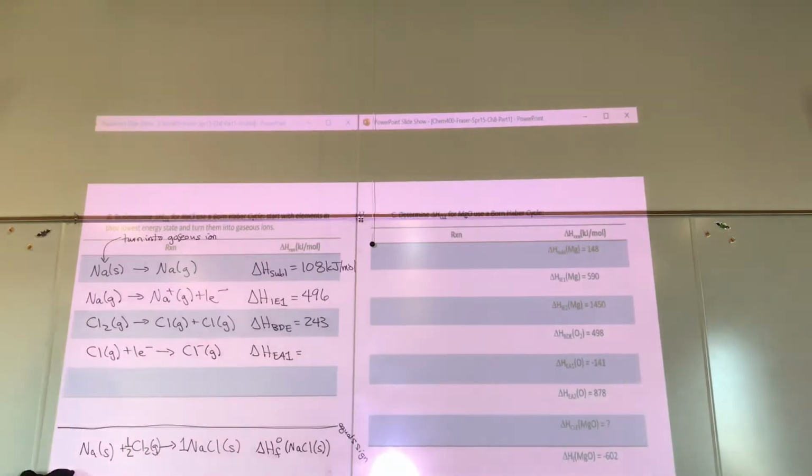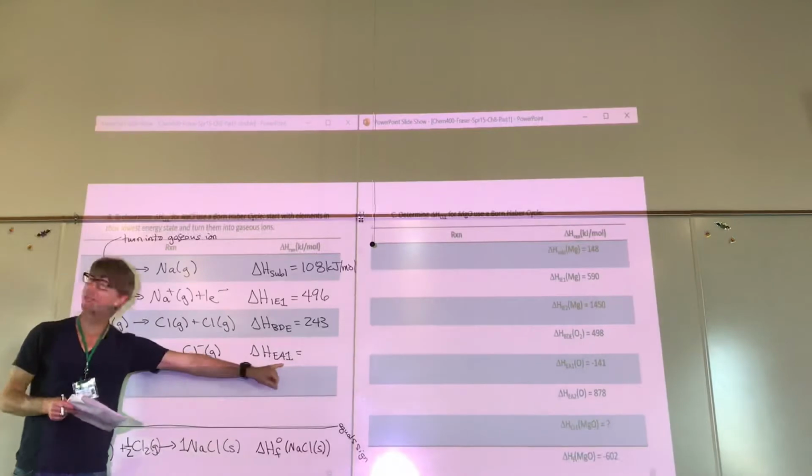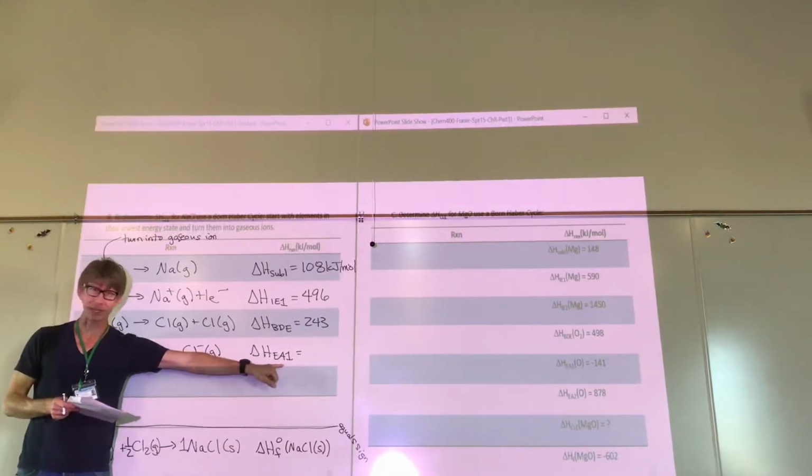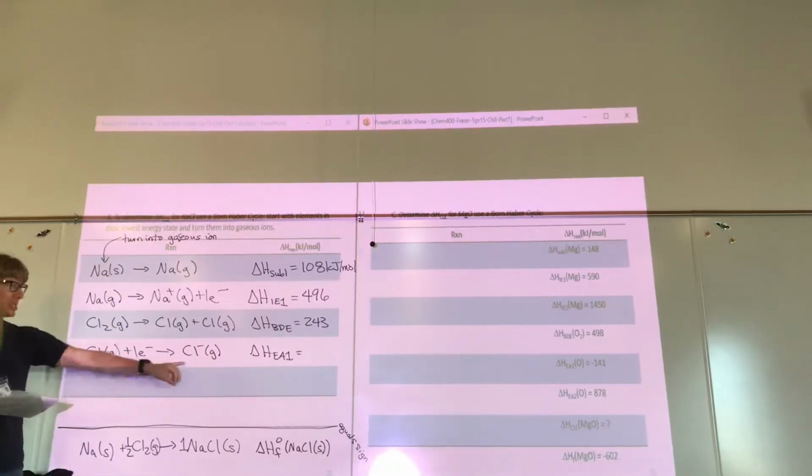And if you recall from, I think it was either 1 or 2 lectures ago, I did not ask you to remember any trends in electron affinity. That's because I have a hard time remembering them myself. However, I will point out that in this particular case, we are creating a noble gas core of electrons.